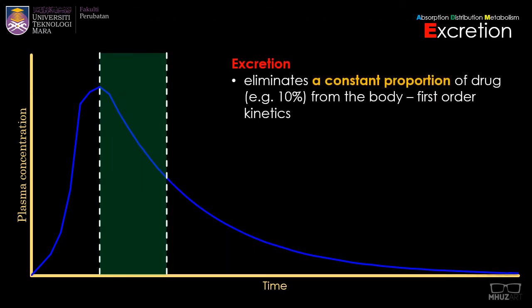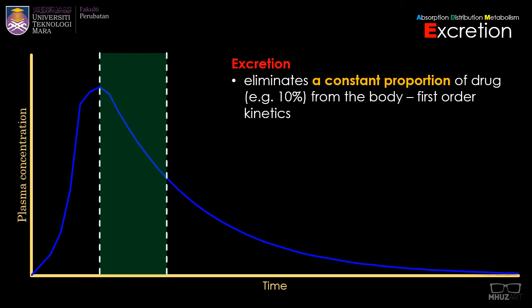Now I'd like to start talking about the process of excretion. For the body, the process of excretion will eliminate a constant proportion of a drug from the body, and this is referred to as first order kinetics of elimination.